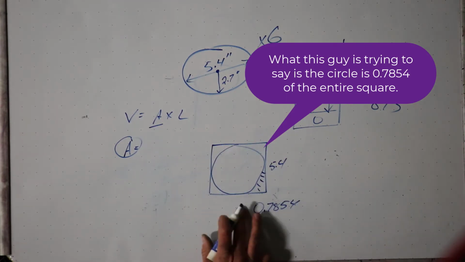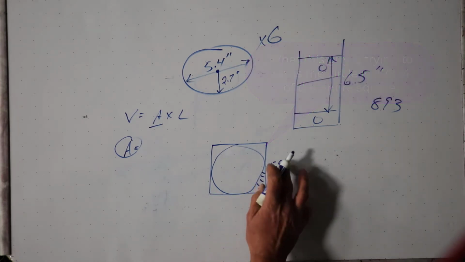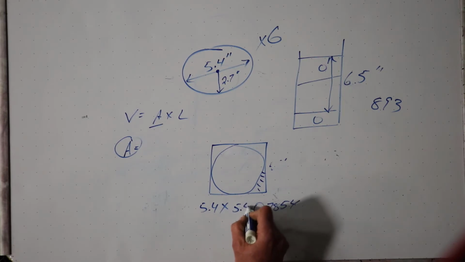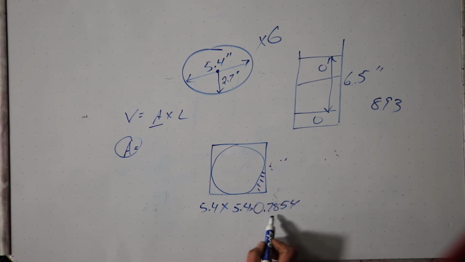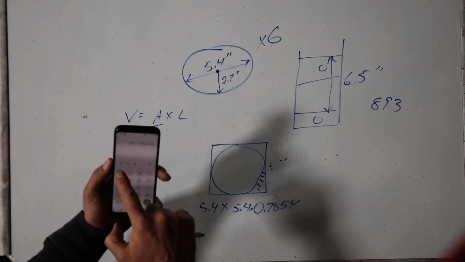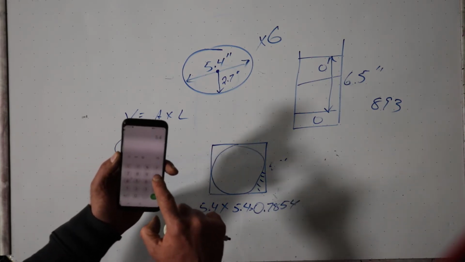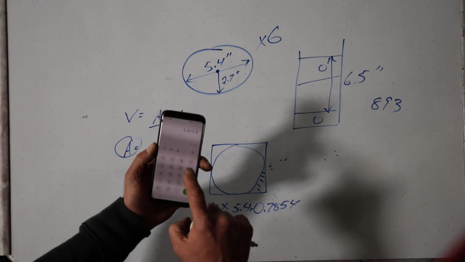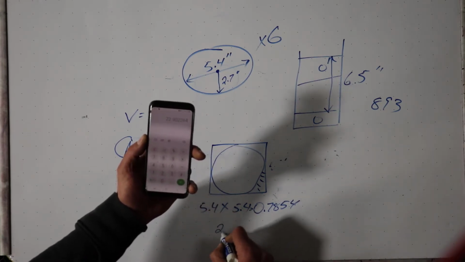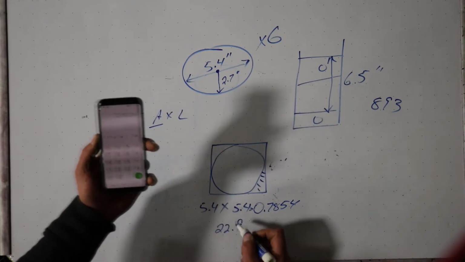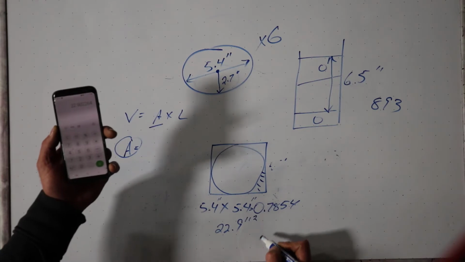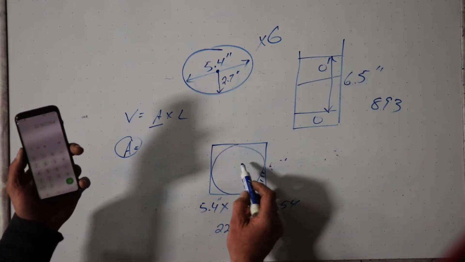It's actually 0.7854. So all I've got to do is take the length times the height. So 5.4 times 5.4 times that 0.7854 equals 22.9. This is inches times inches, so that's inches squared. So there's the area of the circle.